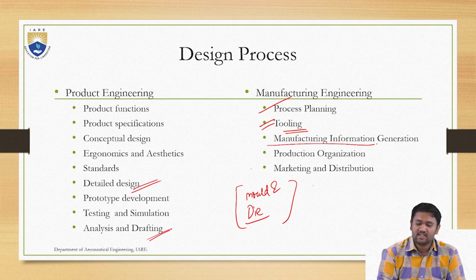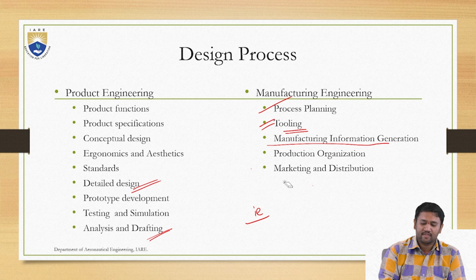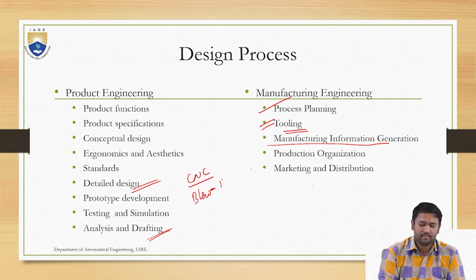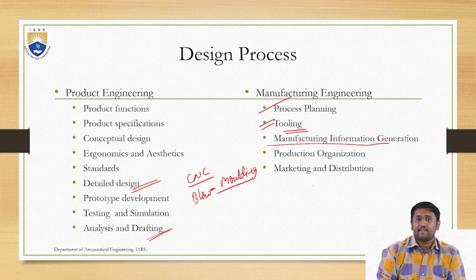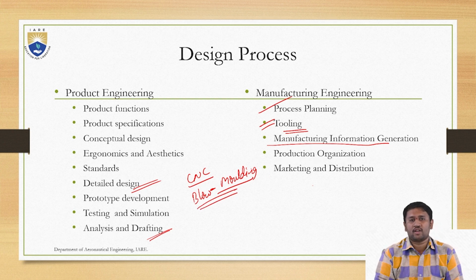Next, manufacturing information generation: if we consider any CNC machine, or let's say a blow molding machine with a computer assisted system, what we can basically do is program the computer associated with the blow molding to hold the workpiece, or the bottle, for a specified period of time till it has been set, right?